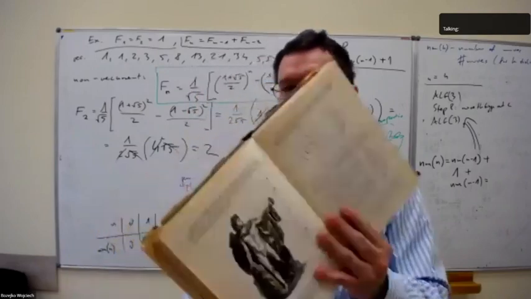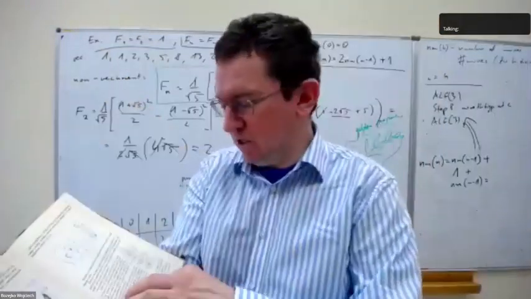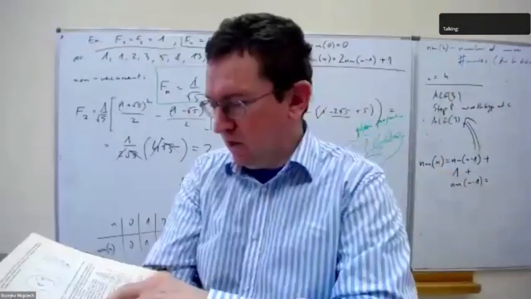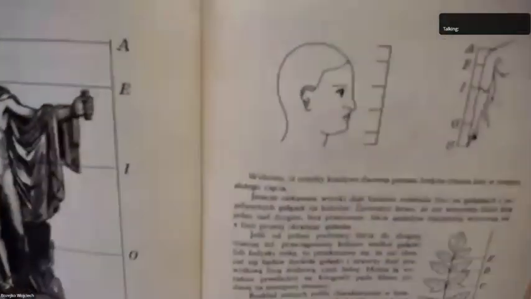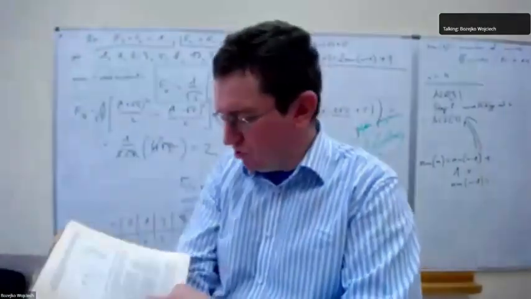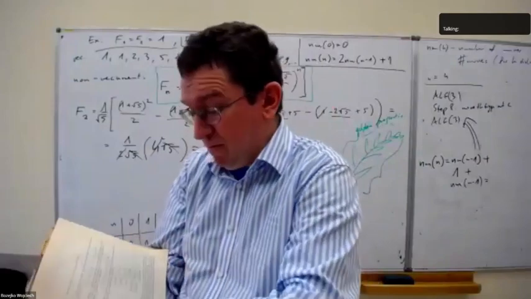If we observe a proportion in ancient sculptures, as well as in plants like here, and in the human face or arm, in every situation there is a golden proportion, even in the ancient temples.